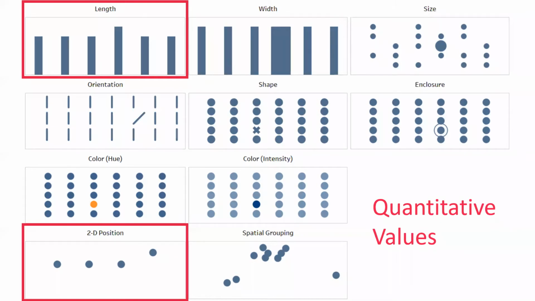You can also use color intensity or gradient, the size of your data points, the width of your data points, to show quantitative values, but they're not as efficient. It's pre-attentive, but you don't get the same accuracy in deciding the relative difference in value. It's more like you can see the order of the values. So I know that there's one that's larger than the rest, but I'd be guessing at how much.